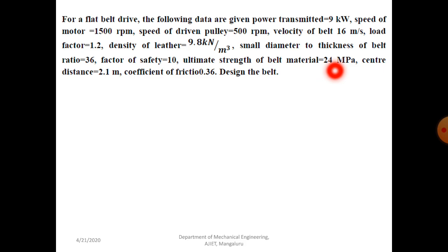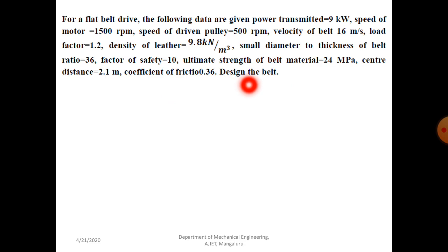Small diameter to thickness of the belt ratio is 36. Factor of safety is 10. Ultimate strength of the belt material is 24 megapascal. Center distance is 2.1 meter. Coefficient of friction is 0.36. Design the belt.